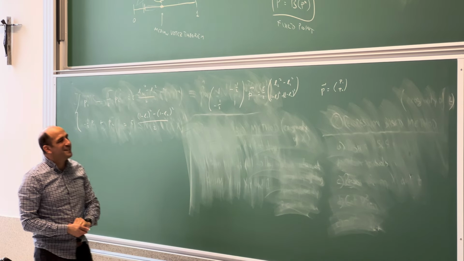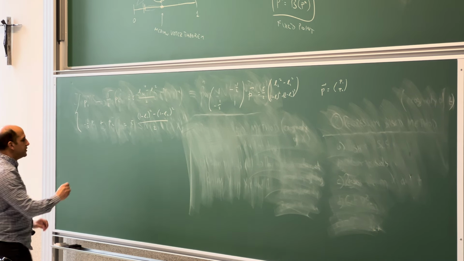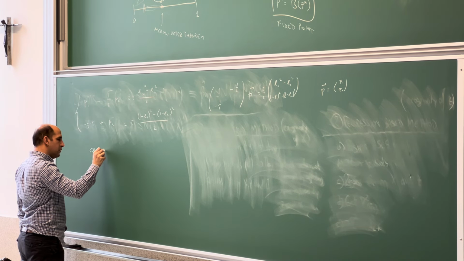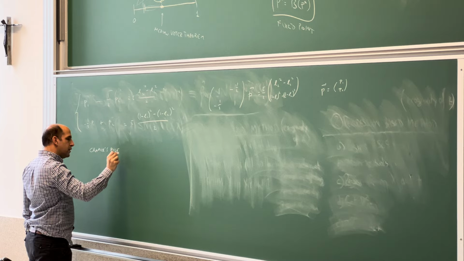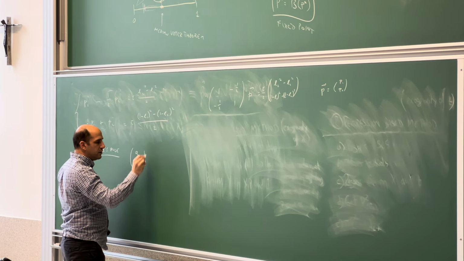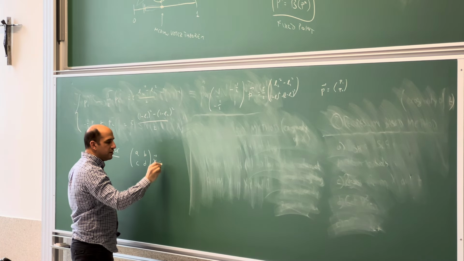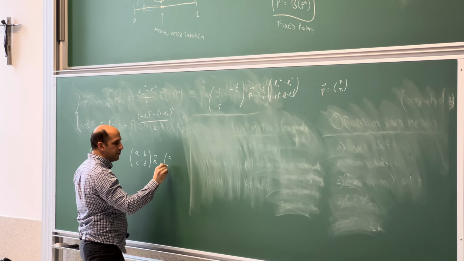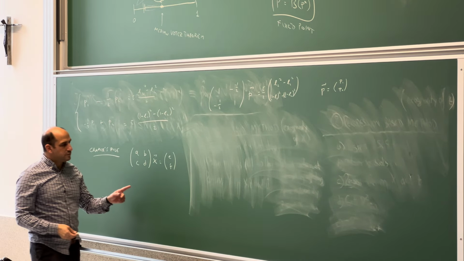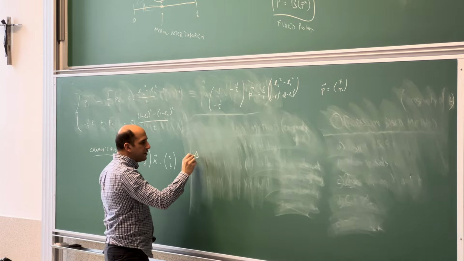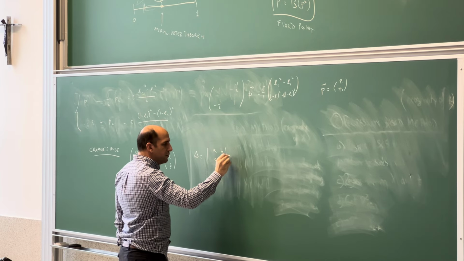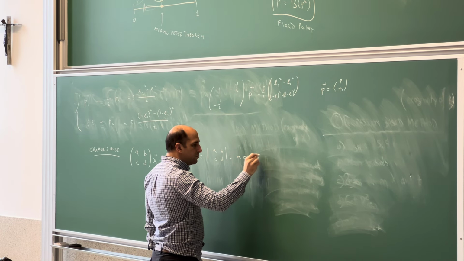Okay, so now Cramer's rule says what? Cramer's rule says that if we have the matrix A, B, C, D times x equals E and F, then the determinant delta is the determinant of A, B, C, D, which is equal to AD minus BC.